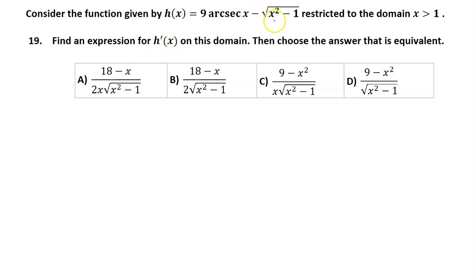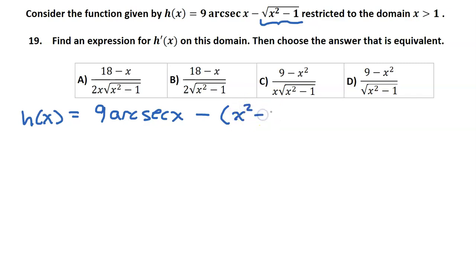So I'm going to start by rewriting this ever so slightly, focusing on this part right here. So I have h of x equals, I'm going to leave this part alone, 9 arcsecant x. But when it comes to this part, I'm going to write it with a fractional exponent.